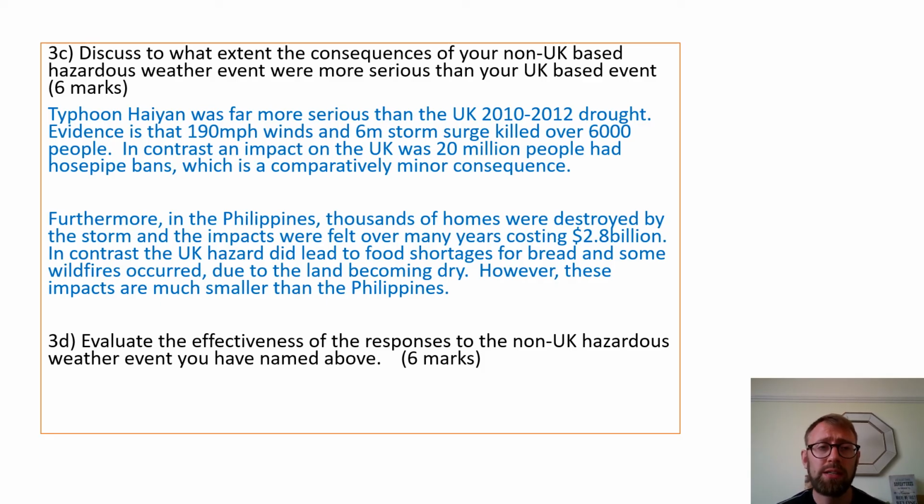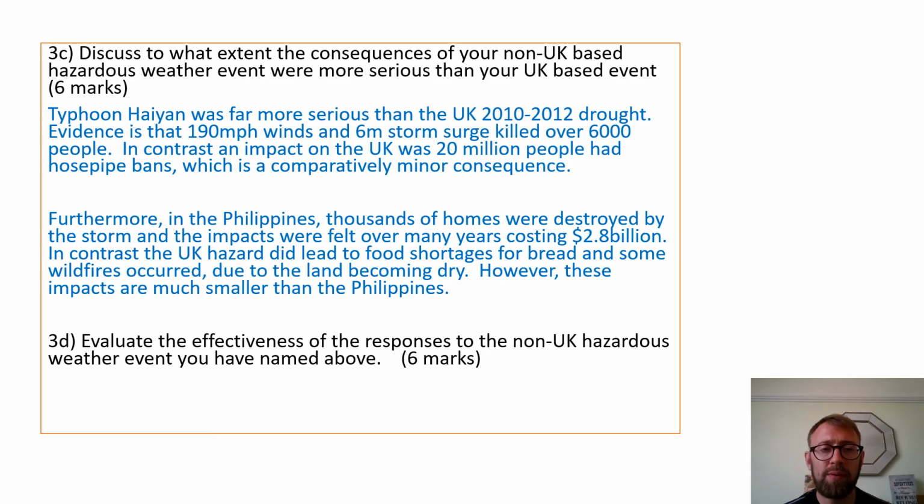So if we have a look at this answer, Typhoon Haiyan was far more serious than the UK 2010-12 drought. So straight away, I've named my two case studies and I've put the phrase 'far more serious', which shows I'm talking to the 'to what extent' bit, and I'm showing that it was more serious. Evidence is that 190-mile-an-hour winds and a 6-metre storm surge killed over 6,000 people.